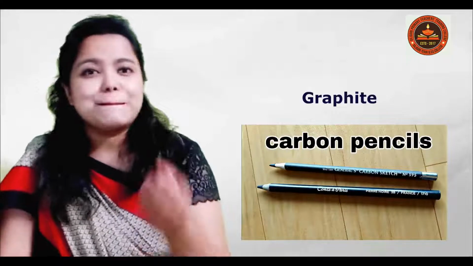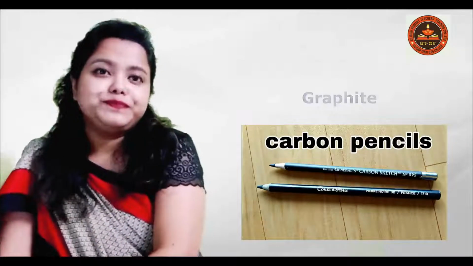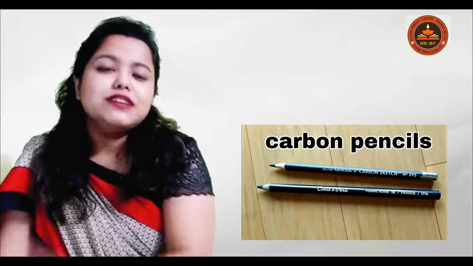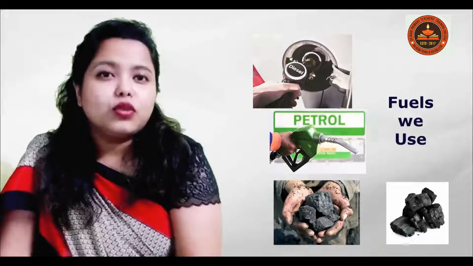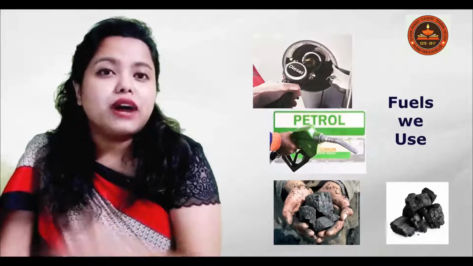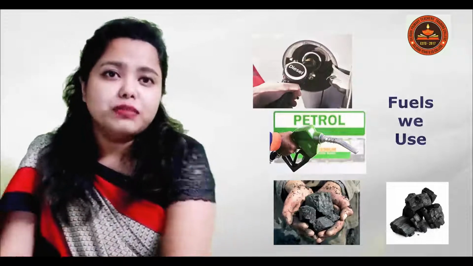Graphite is present in pencil lead, right? Now these are forms of carbon, right? Now fuels like diesel, petrol, coal, right? Charcoal. So all of these are compounds of carbon.